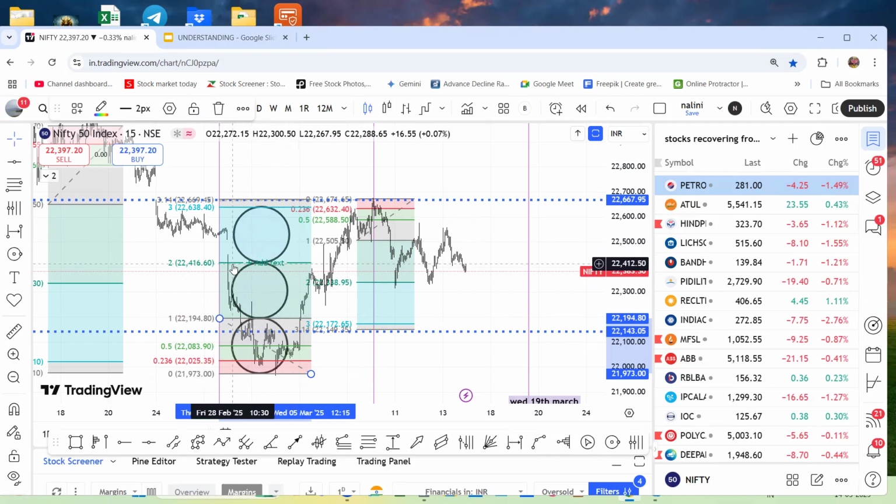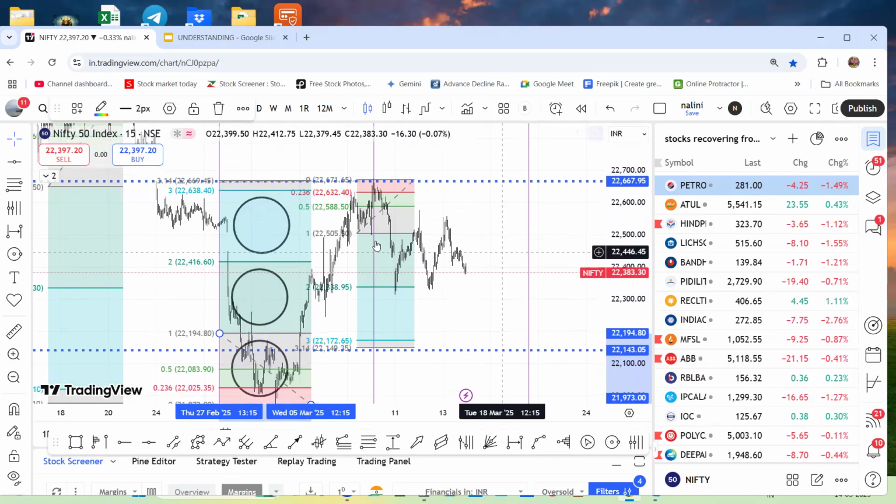You can use this hack in the Fibonacci tool and you can make 3.14 like this, 3 measured moves like this. So if you see here, this is the measured move. Measured move, it's squared with the time.